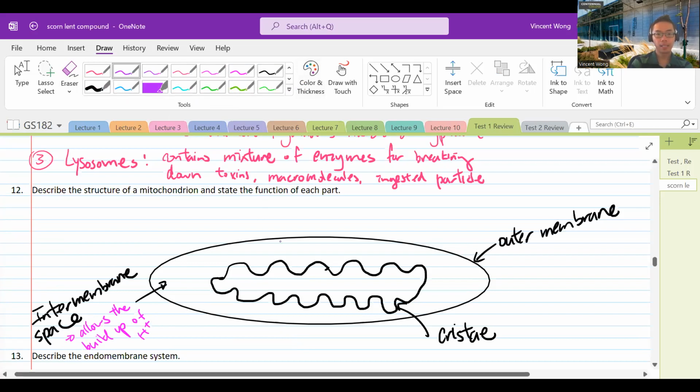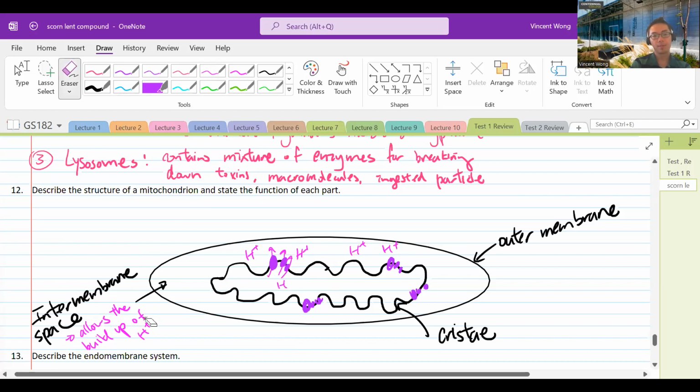Last week we learned that embedded in the cristae are these electron transport chains. There are many of them. I just draw a few here. The function of the electron transport chain is to harness the electron's energy from the carriers, and it will pump H+ from the matrix into the intermembrane space.